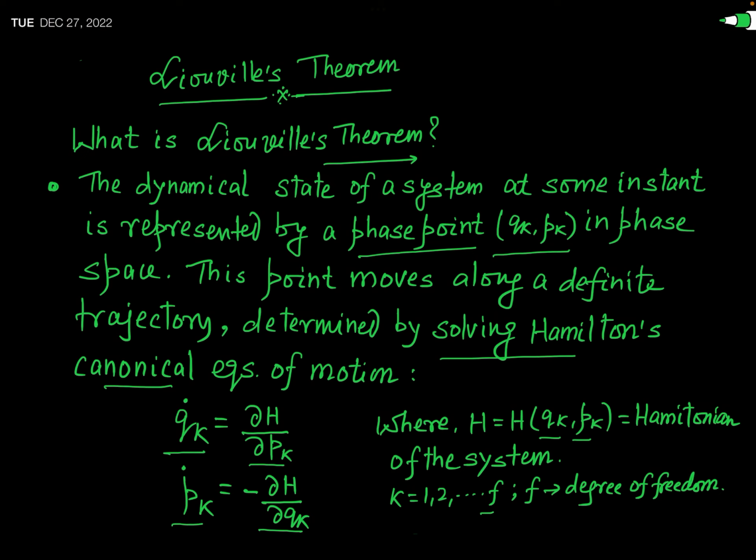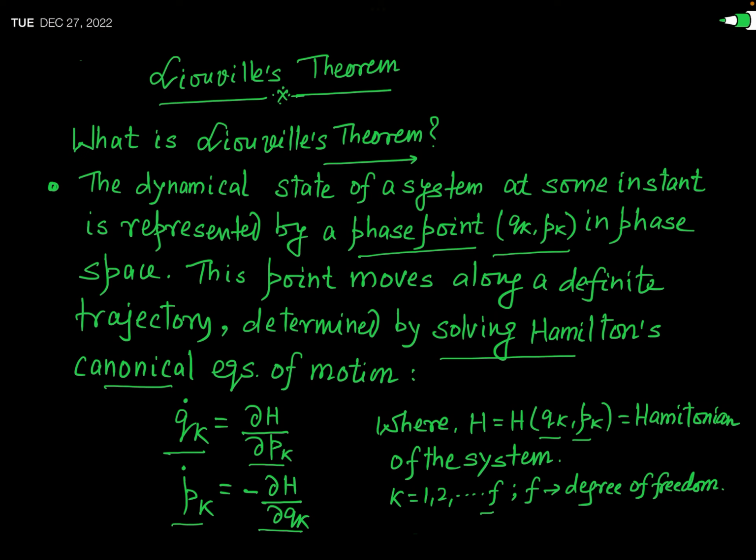That's why we say that the phase point density changes with time. The density of phase points is also called the distribution function or probability distribution function. So in general the probability distribution function changes with time in case of a dynamical system.